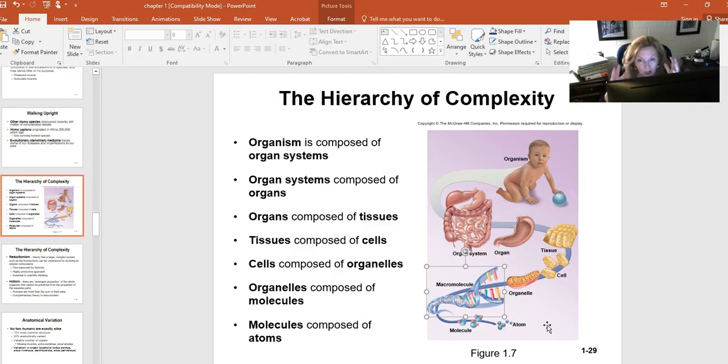Actually, all life, from bacterial to complex life, about 98% of you and me and any living form are those four elements. That's crazy to think about.